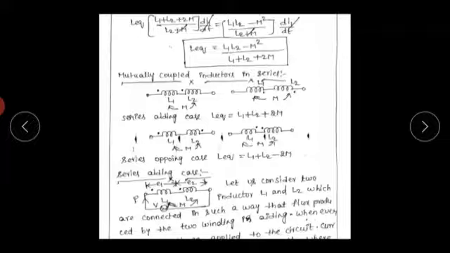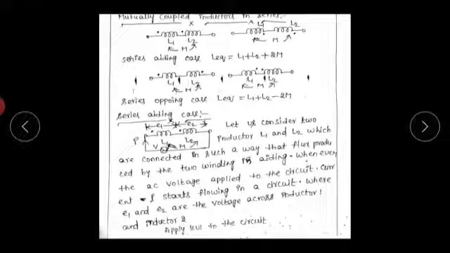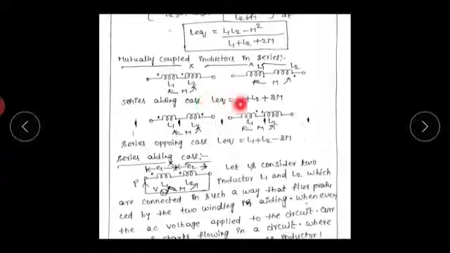In parallel opposing connection, equivalent inductance is L1 into L2 minus M square by L1 plus L2 plus 2M. Numerators are same. In the denominator, plus 2M is there in parallel opposing connection, minus 2M is there in parallel aiding connection. Similarly, in series aiding connection, the equivalent inductance equals L1 plus L2 plus 2M, and in opposing connection, L1 plus L2 minus 2M.